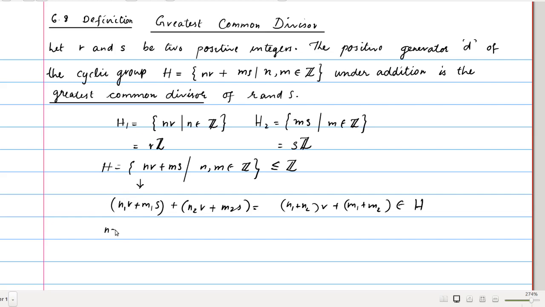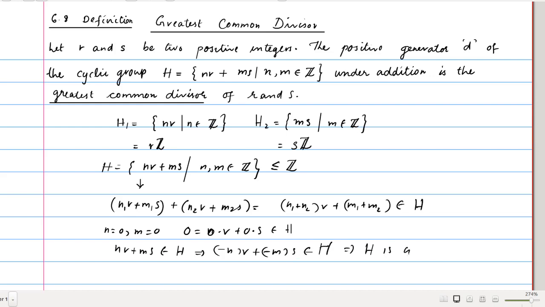If we choose n equal to 0, m equal to 0, then 0 can be written as 0R plus 0S, which is also in H. And finally, if nR plus mS belongs to H, then minus nR plus minus mS belongs to H. This shows that H is a subgroup of Z.